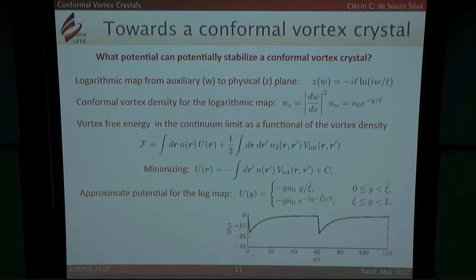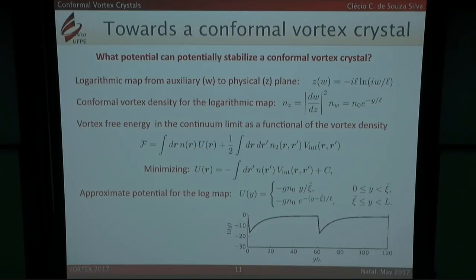If vortices interact via Bessel functions, like in the bulk, the interactions are short range, and then you can approximate this equation. You can take this out of the integral, and what you have is that the external potential mimics the density. So the density profile that you want is exponential, and then the potential that you need will also be approximately exponential.